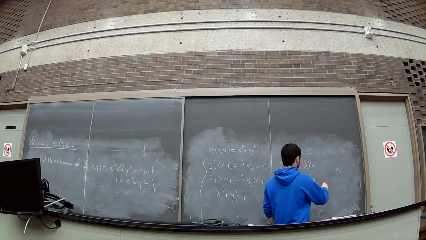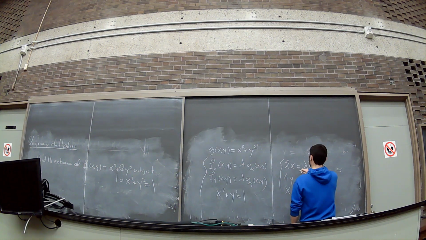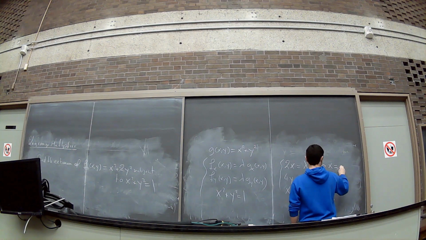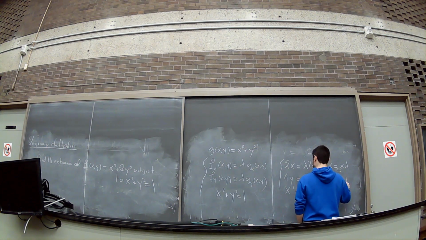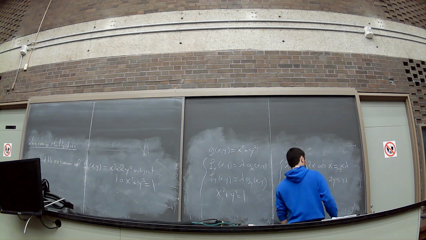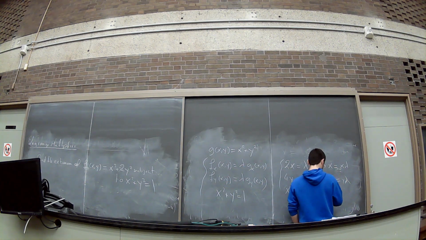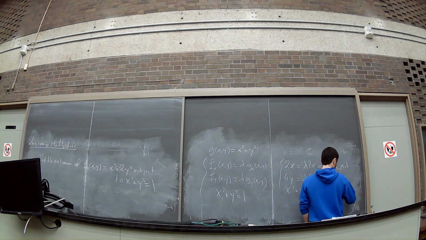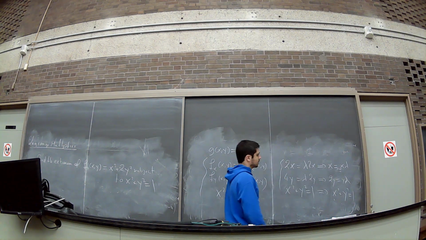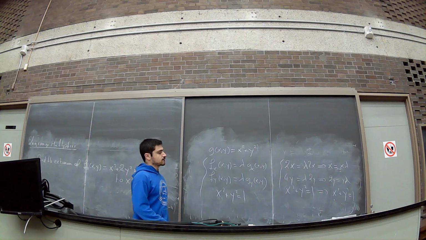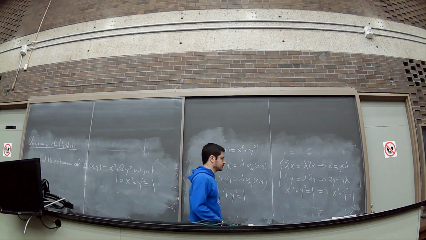So what do you get? Cancel the 2. So you get x is equal to x lambda. Divide by 2. So you get y lambda is equal to 2y. And then you get x squared plus y squared is equal to 1. Great. What does the first equation tell you?